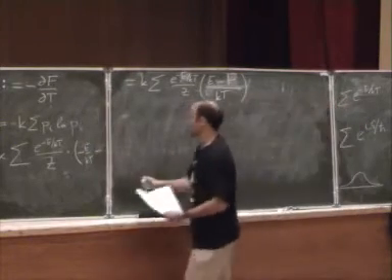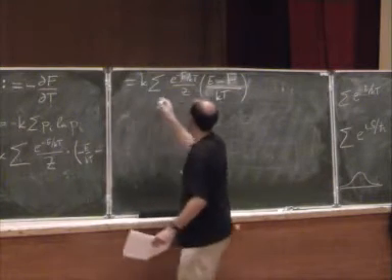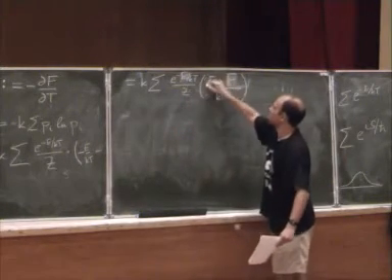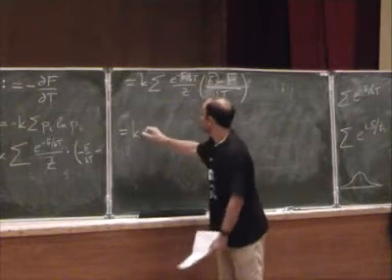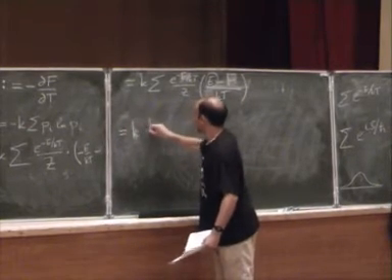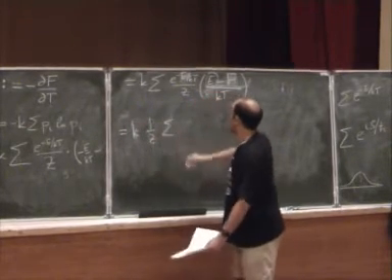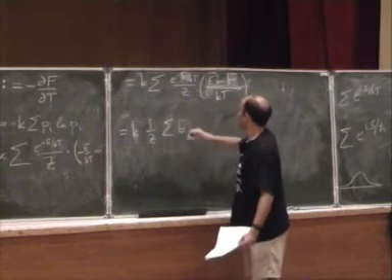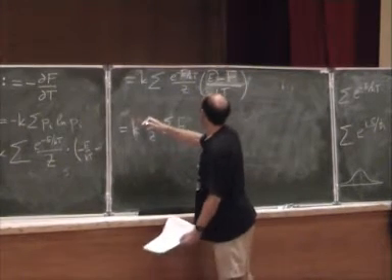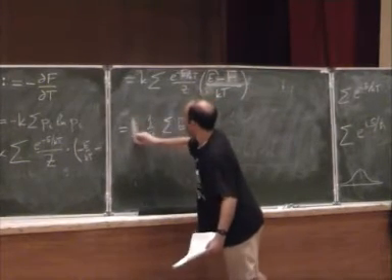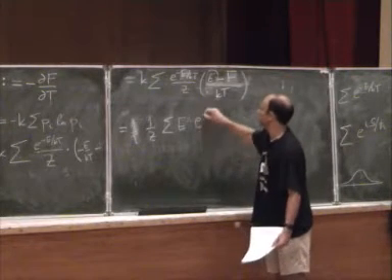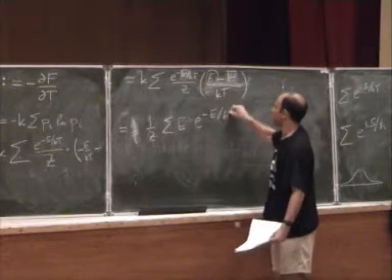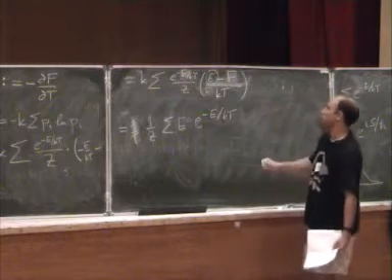I first separate it in two terms. So this term here gives me k, 1 over T, 1 over Z, sum of E e to the power minus E over kT. Right, so this is the first term.